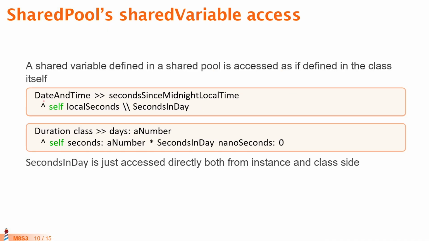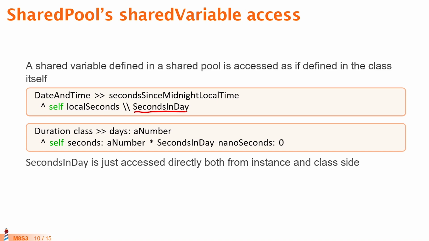Here what you see is that as soon as the class DateAndTime declares that it is using the shared pool, it will be able to access the class variables of the shared pool as if they were defined in the class.